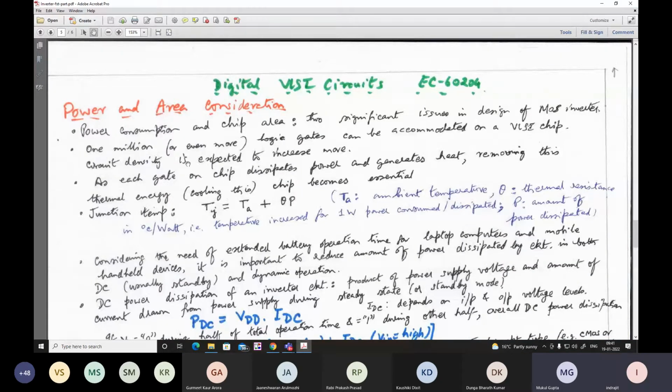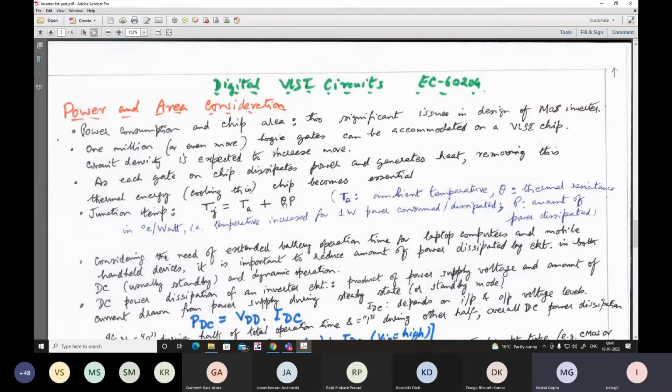And 1 million or even more logic gates can be accommodated on a VLSI chip. So circuit density is expected to increase higher and higher. As each gate on the chip dissipates power and generates heat, removing this thermal energy becomes essential. Junction temperature is given by the ambient temperature plus theta times P, where theta is referred to as the thermal resistance.